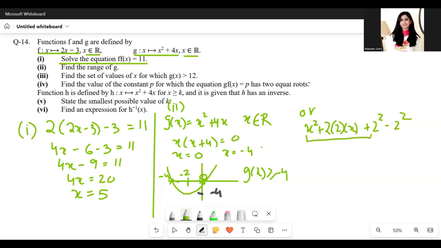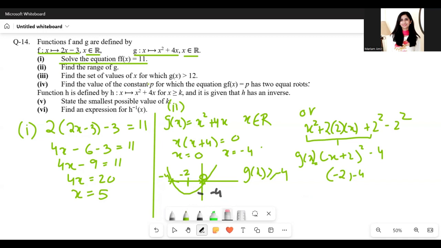So this combined gives us (x + 2)² - 4. So this is g(x). If you sketch the graph again, you know that the turning point is going to be (-2, -4), and the graph will look like this. And again, you know that the minimum value the graph can take is going to be -4.